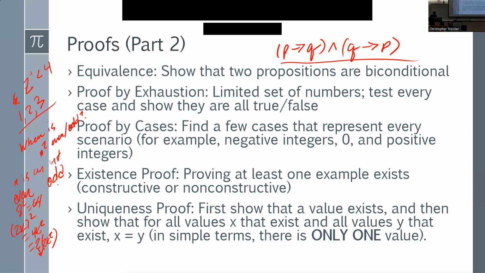So then for odd, what would we do? Once again, we could try some odd numbers. If you take 7 times 7, you see 49 is odd. Or we could show this for everything. We could say the definition of an odd number is 2k plus 1. And we can square this, right? If we square this, we expand it and get 4k squared plus 4k plus 1.